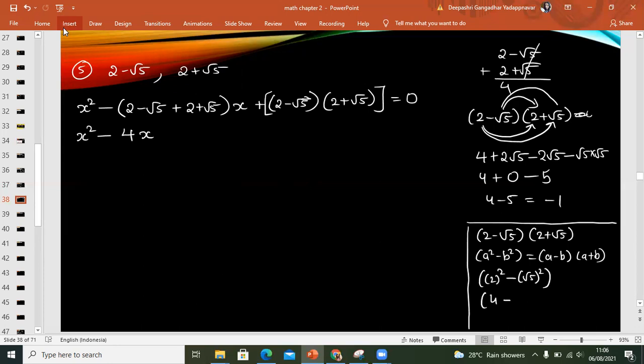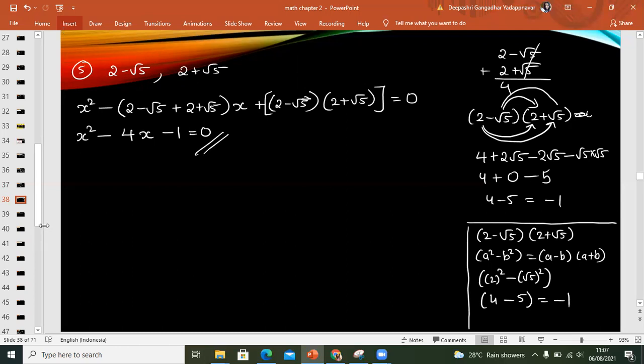That will give you 4 minus root 5 square will give you 5. So answer is negative 1. So you can use any method out of these two to solve this product of these two roots. So answer is negative 1. I'll write it here directly, negative 1 equals 0. So here this is the product quadratic equation of this root.